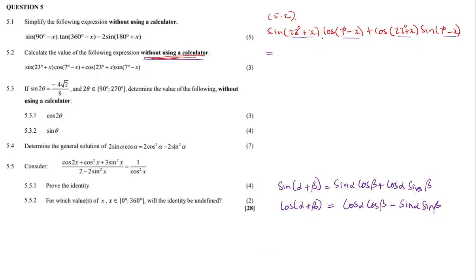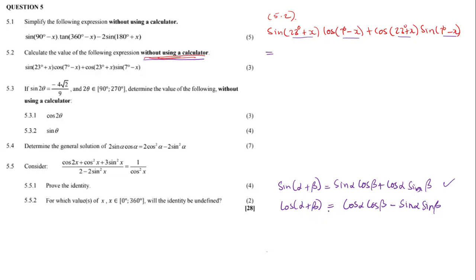So the moment you notice that your angles are quite similar, then you can think of your compound angles. We know that the compound angle for sine is presented by this equation over here. Sine alpha plus beta will give us sine alpha cos beta plus cos alpha sine beta.